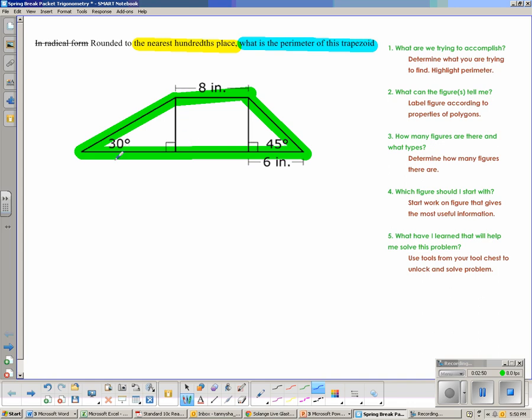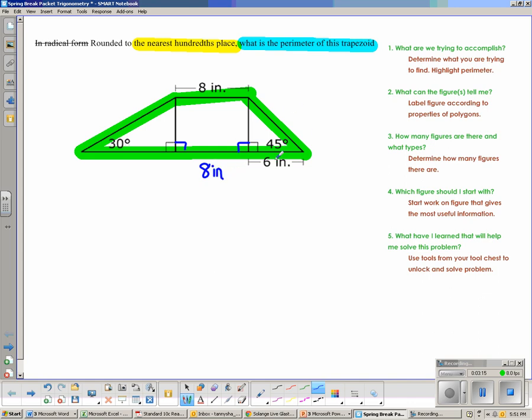We know that we have a right triangle here, a rectangle here, and another right triangle here. So far, I'm seeing opposite sides parallel and congruent in a parallelogram. A rectangle is a specialized parallelogram. I know it's a rectangle because it has these two right angles, and so that would make this 8 inches.